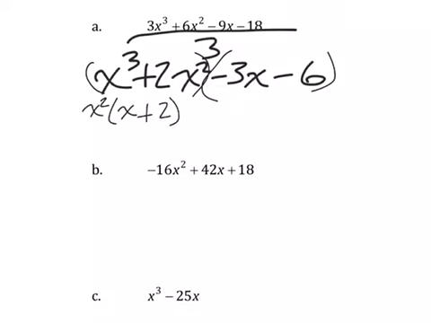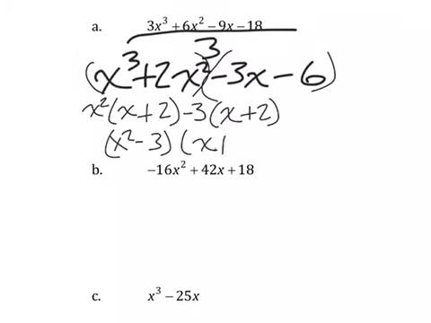And if I take out a negative 3 from this second binomial, if I were to factor it out, it would be an x. This would be a positive 2, because remember, we have a negative 3 that we took out. A positive and a negative multiplied together is a negative. So now we've got x squared minus 3 as one of our binomials, and our common binomial factored out is x plus 2.